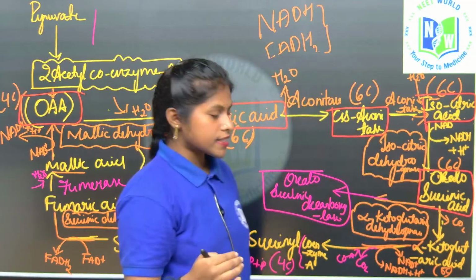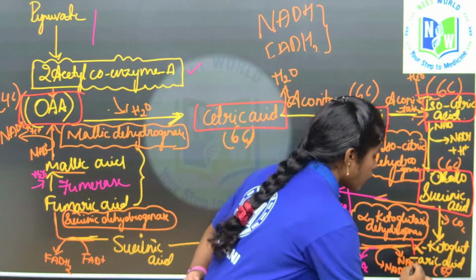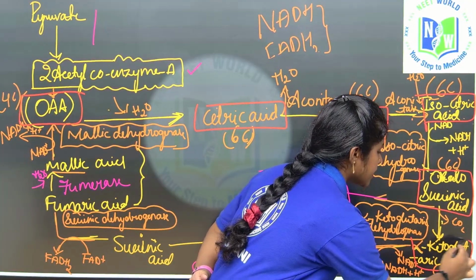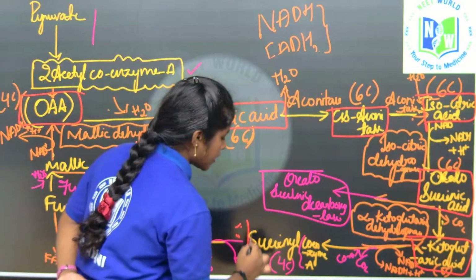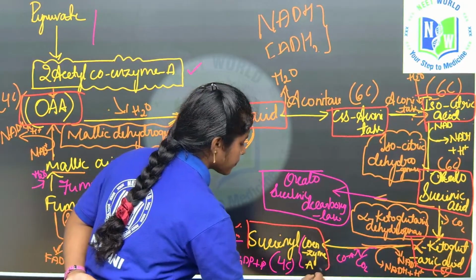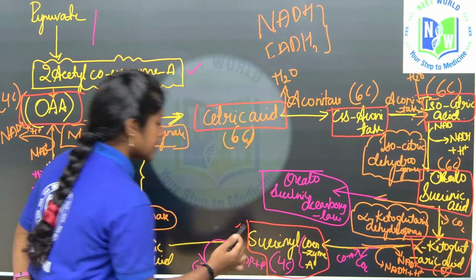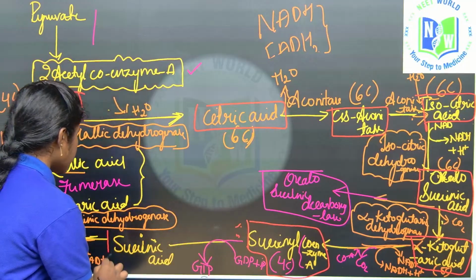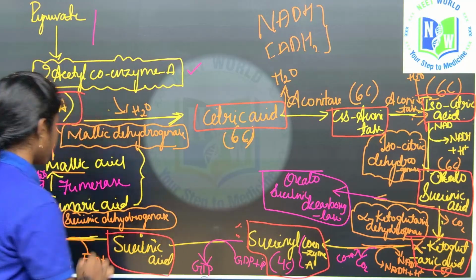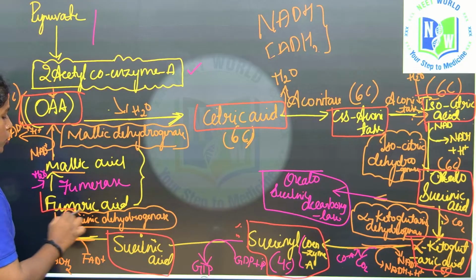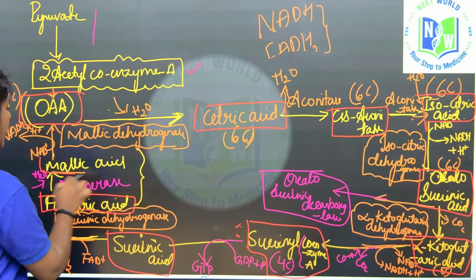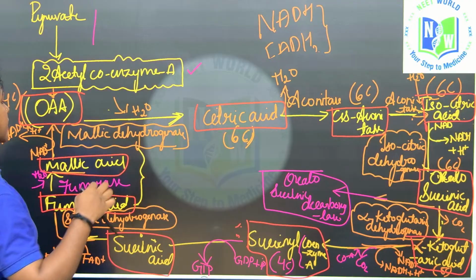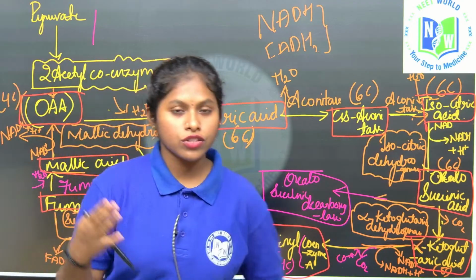This oxalosuccinic acid again forms the alpha ketoglutaric acid. Then this alpha ketoglutaric acid forms the succinyl coenzyme A, right? Then this succinyl coenzyme A forms the succinic acid. Then it forms the fumaric acid. It again gets converted into malic acid. This malic acid turns into the oxaloacetic acid.